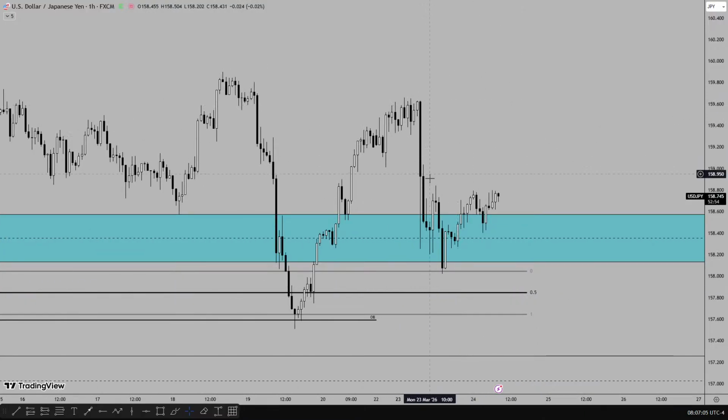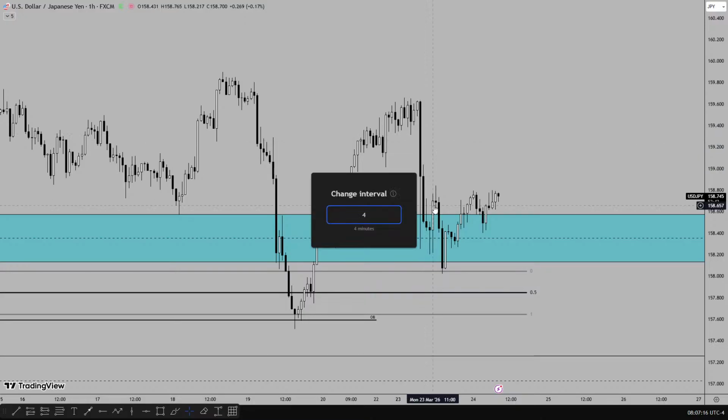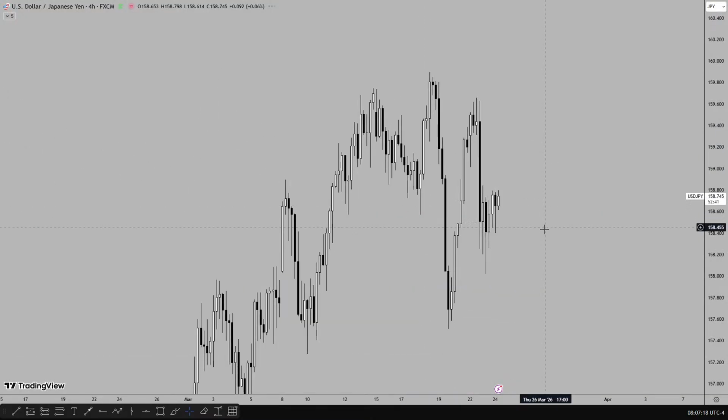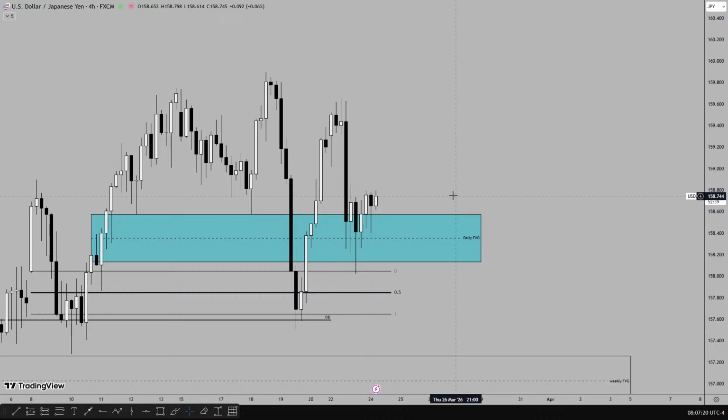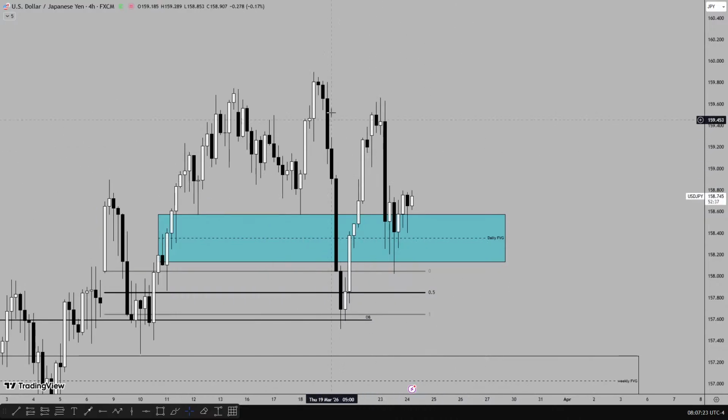But looking at this dumping price, looking at how price traded lower, traded back to the order block, and looking at this fair value gap from a 4 hour perspective, the trend is still in a downtrend.